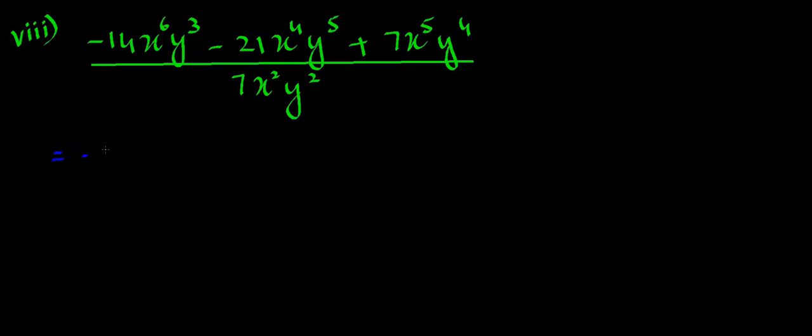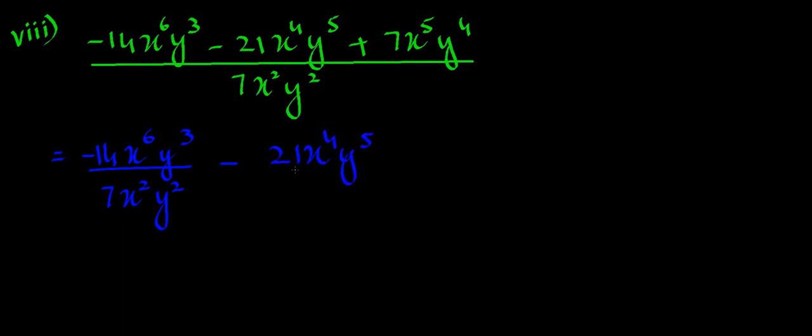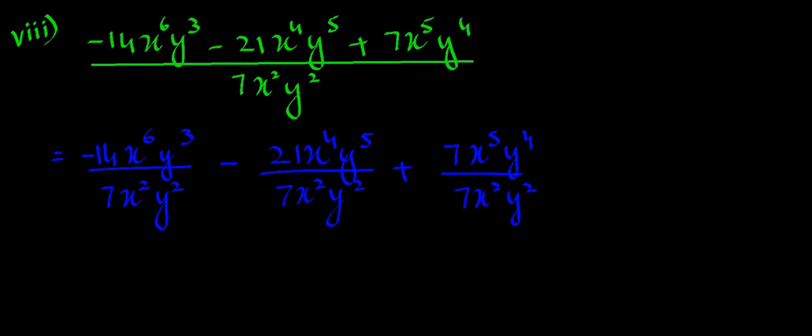That's equal to, let's see, minus 14x raised to 6 y raised to 3 upon 7x square y square, minus 21x raised to 4 y raised to 5 divided by 7x square y square, plus 7x raised to 5 y raised to 4 divided by 7x square y square.